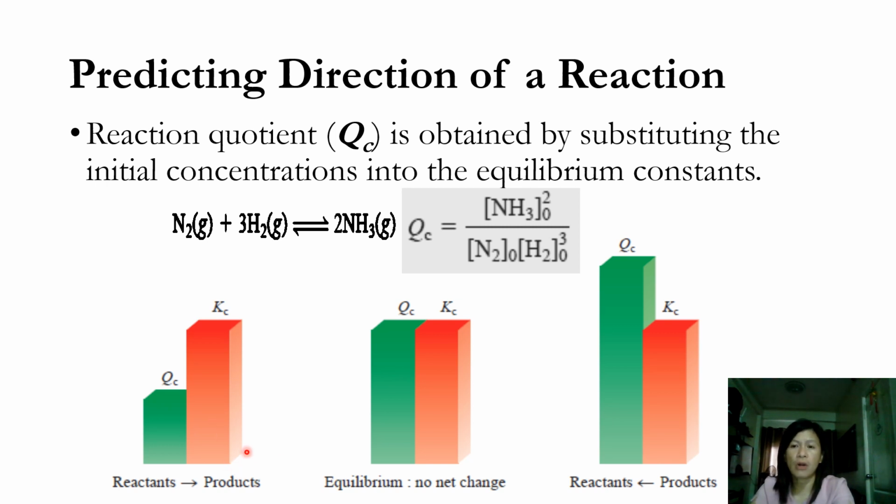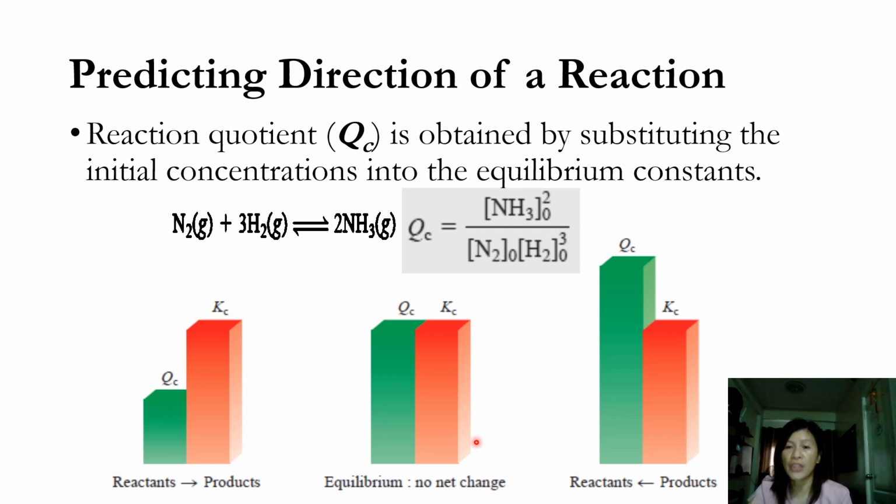So before equilibrium can be established, the reaction will initially favor the formation of the products. When the value of the reaction quotient is numerically equal to the value of the equilibrium constant of a reaction, then there is no net change in equilibrium.